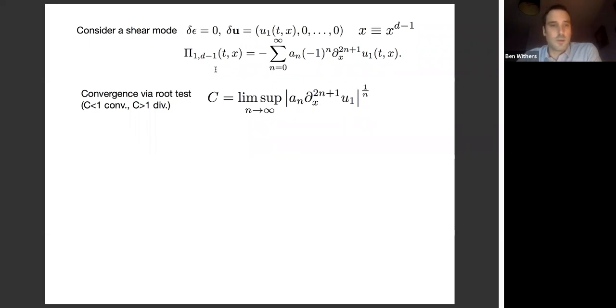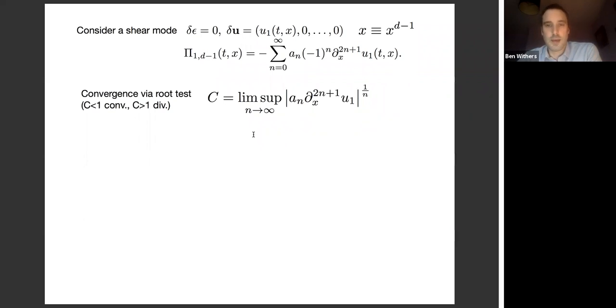So this is evaluating whether this stress tensor is convergent or not, much like you would do in the Bjorken flow when you ask whether the energy density is convergent or not. That was an example of a question for currents. So we're asking a question about currents in the linearized theory. If C is less than 1, then it converges. If C is greater than 1, it diverges.